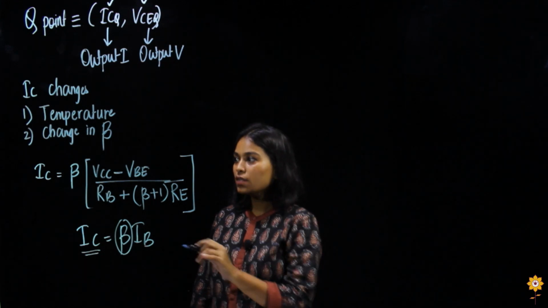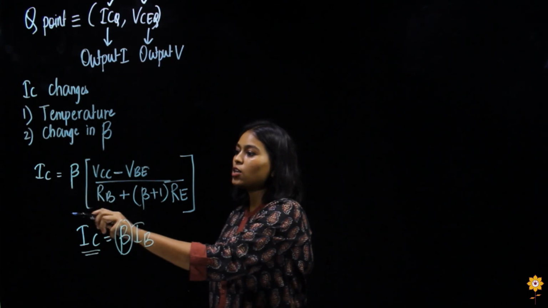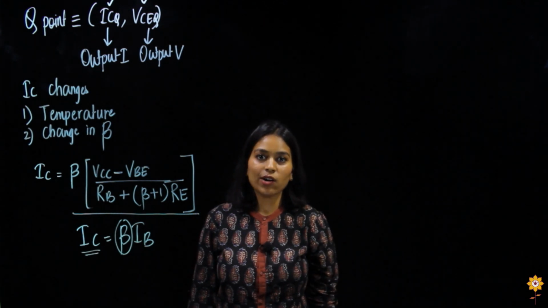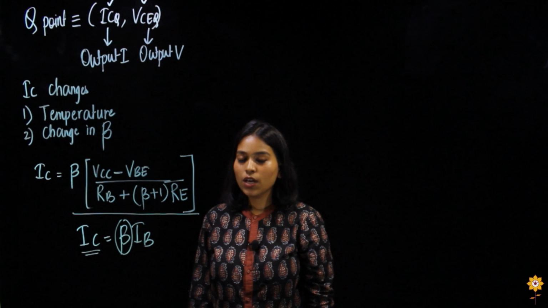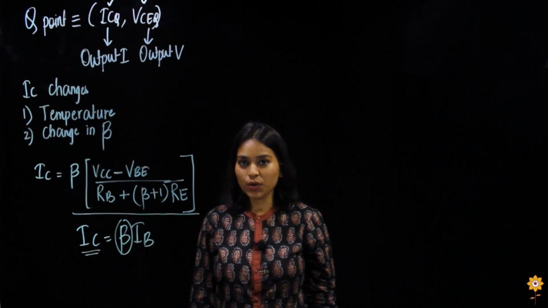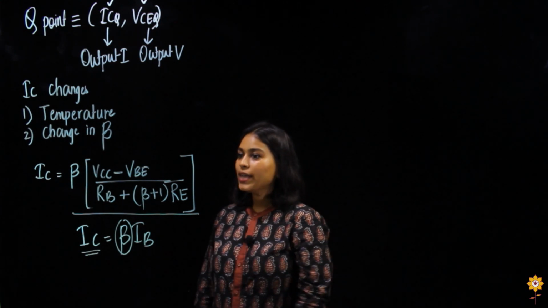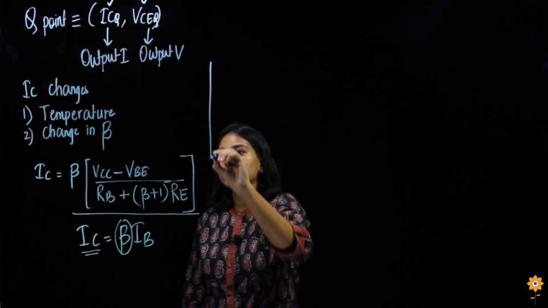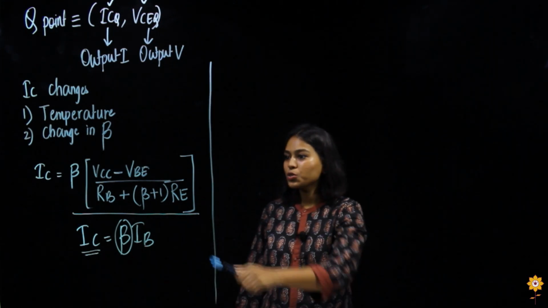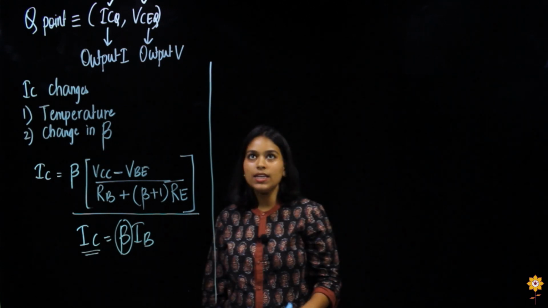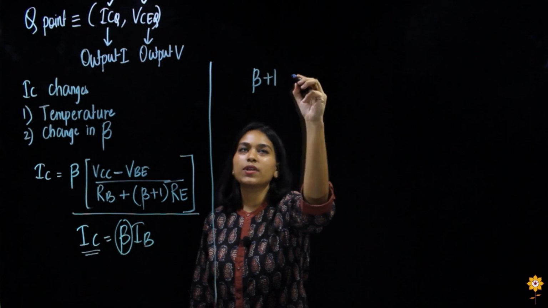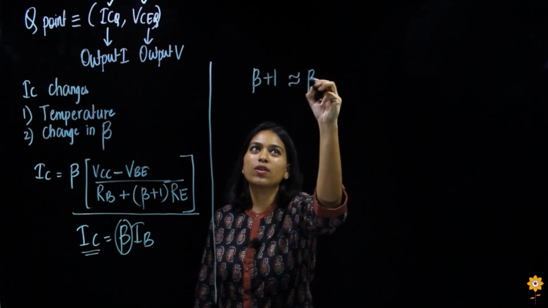So we have seen that we got IC is equal to this term over here in the analysis that we carried out for self-bias configuration. If you have missed it, you can go back and check that out. So let's see how RE maintains the value of IC. This is the equation of IC that we have, and also we know that beta plus 1 is approximately equal to beta.